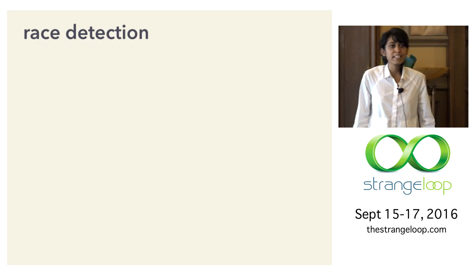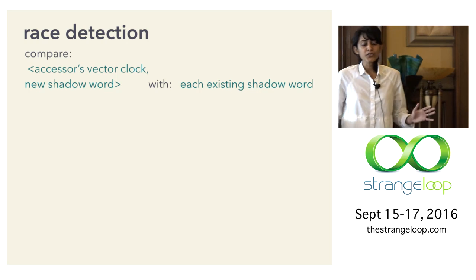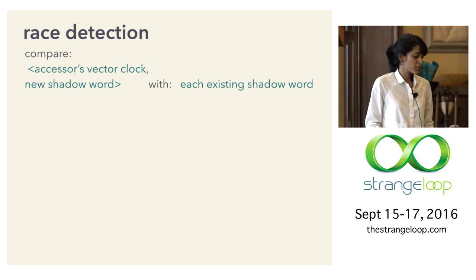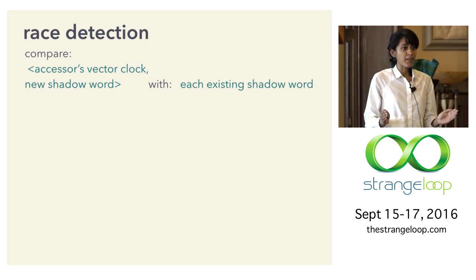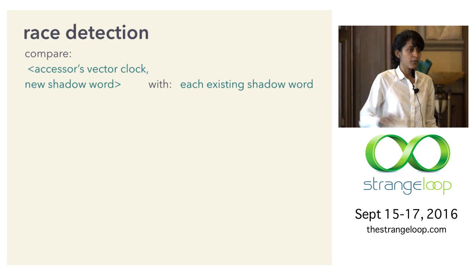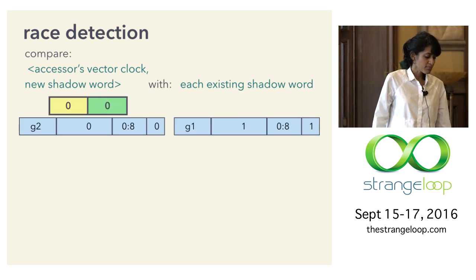Let's see how that's done. Okay. The algorithm at this point is beautifully simple. All you have to do is check the accessor's vector clock, that is the full vector clock, and the new shadow word with the existing shadow word. Let's see how this works.